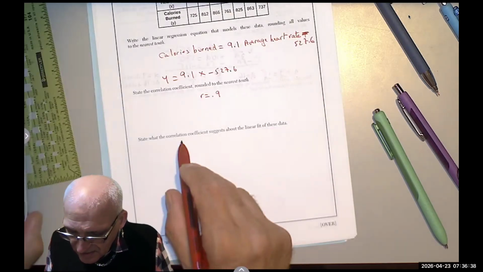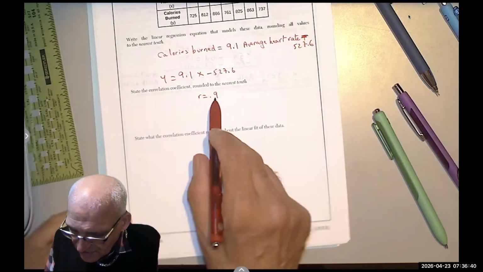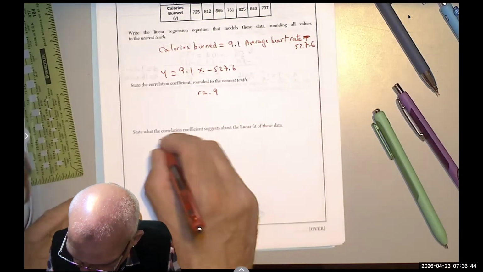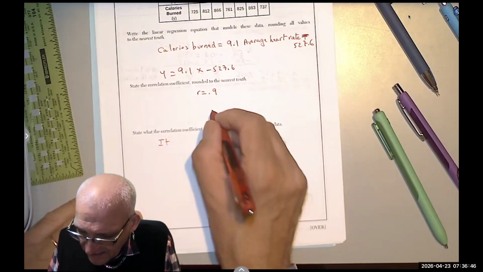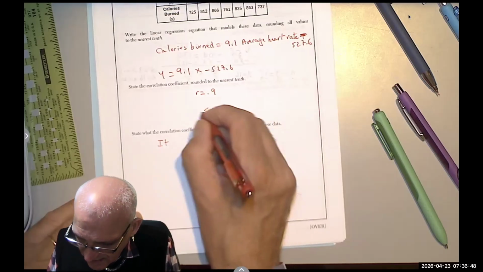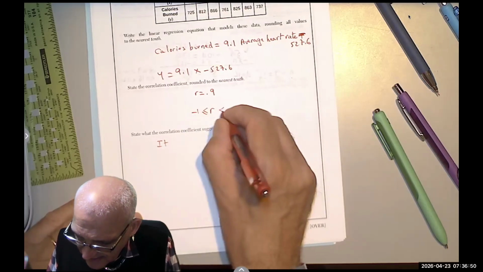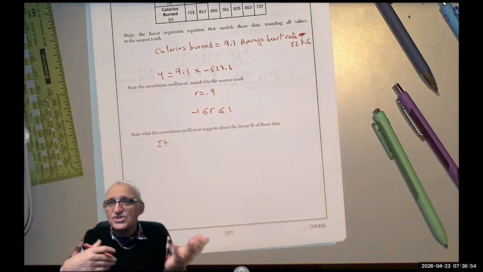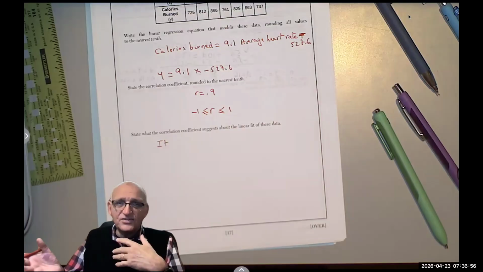State what the correlation coefficient suggests. Notice r is always greater than or equal to negative 1, and less than or equal to 1. If it's very close to 0, we say there is no association between heart rate and calories burned.